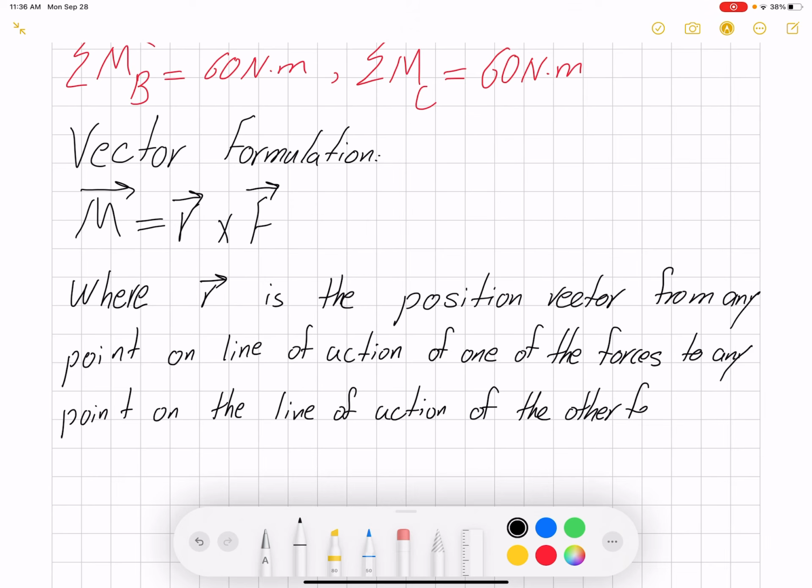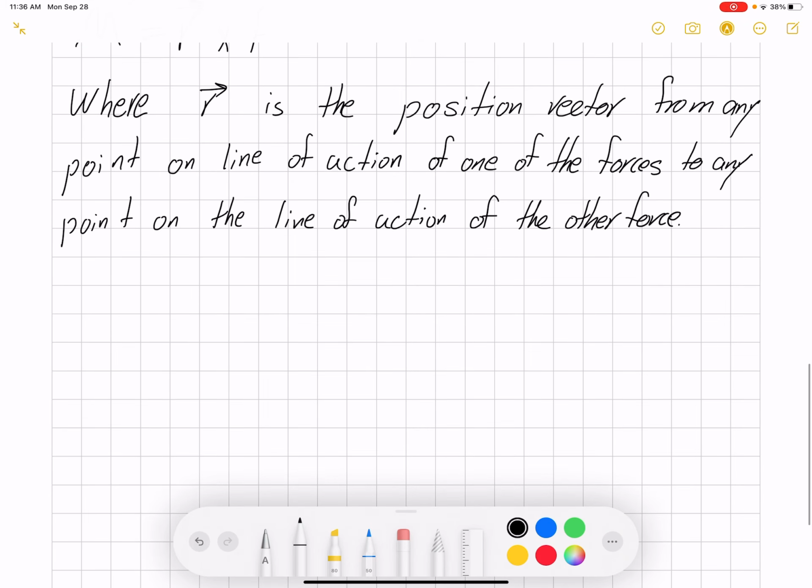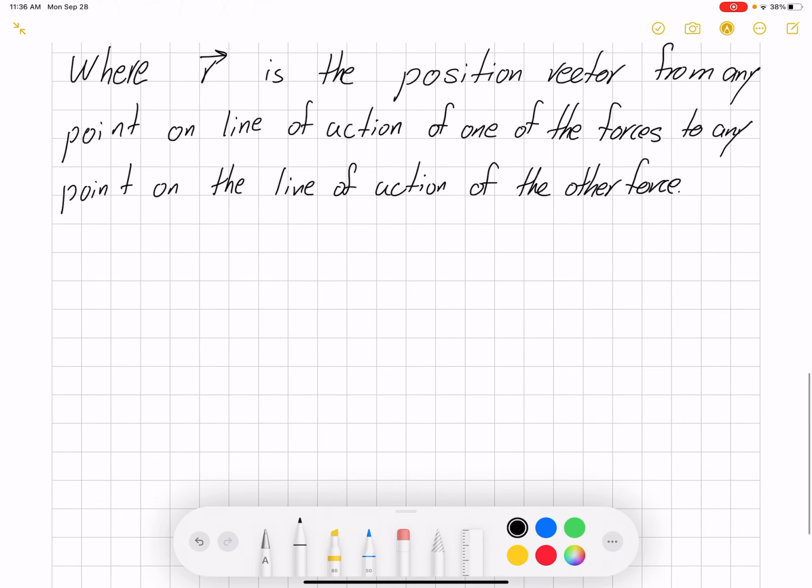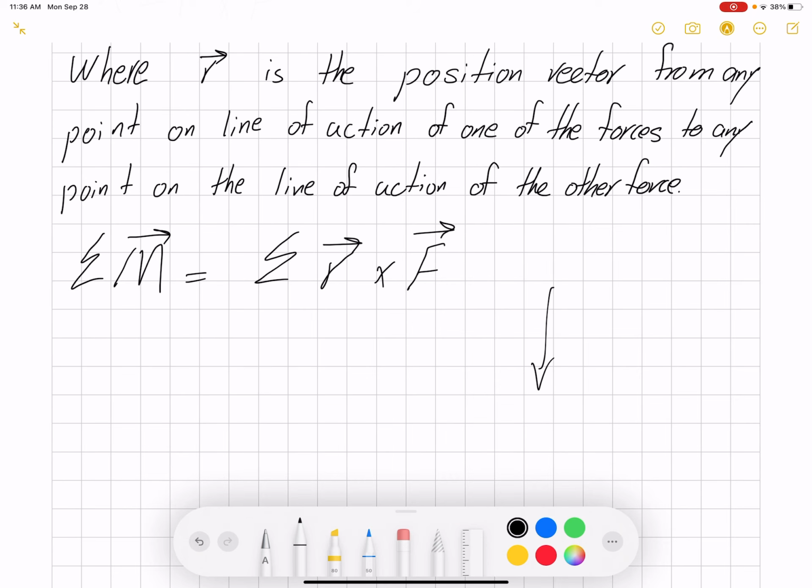We might have more than one couple in our system, and in that case we use the summation of moment, which would be the summation of R cross F. So let's say you have a force here and a force over there.